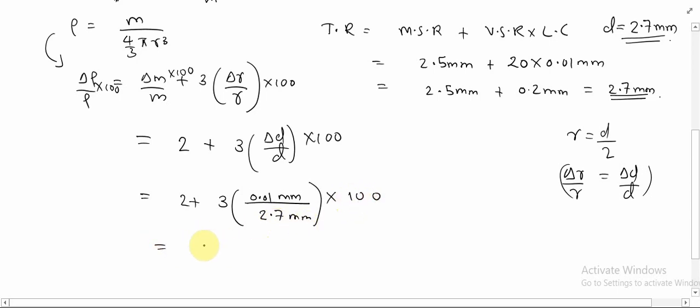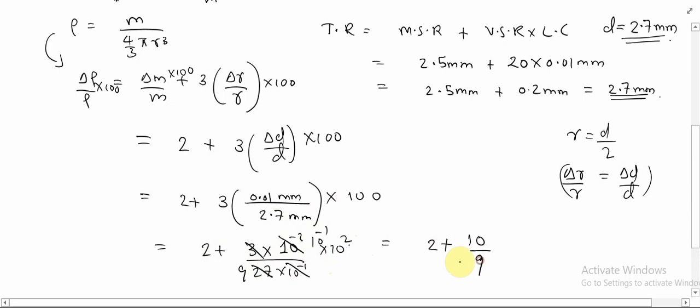Now we can cancel this. So this will be 3 into 1 into 10 power minus 2 divided by 27 into 10 power minus 1 into 100 or 10 square. Now we can cancel this, so this will be 3 into 9, and cancelling the 10 power minus 1, I can write it as 2 plus 10 by 9. 10 raised to minus 1 into 10 power 2, this will be 10 by 9.